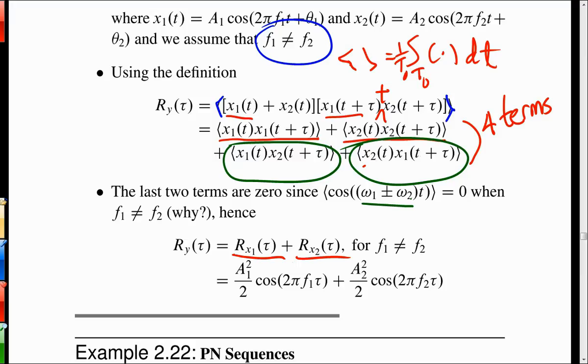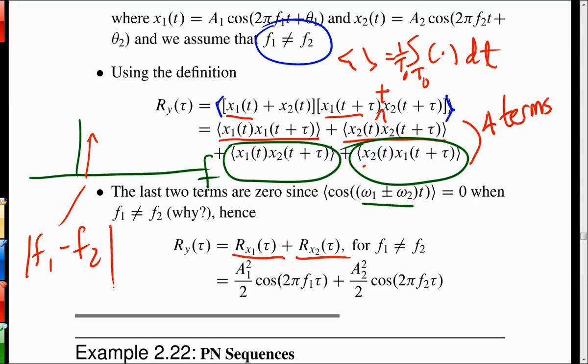If you were thinking spectrally on the frequency axis, a cosine shows up as a spike here at, suppose that's f1 minus f2, just take the absolute value of it. Suppose that's getting really, really close to 0.